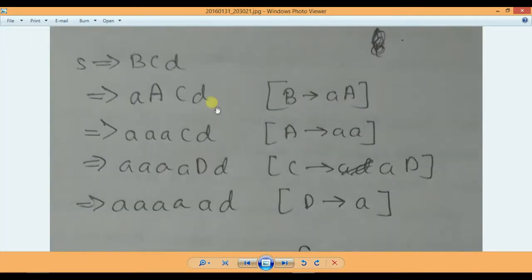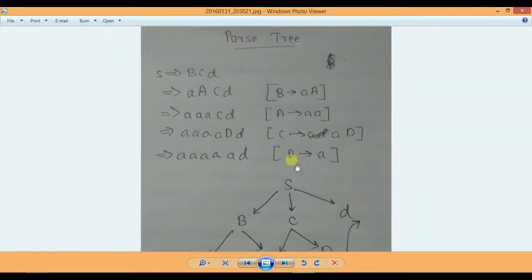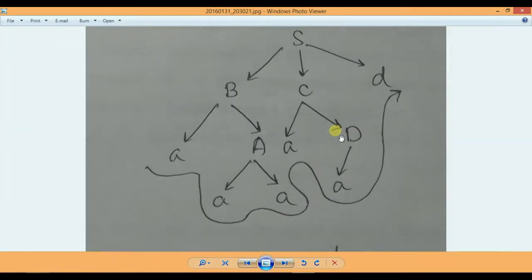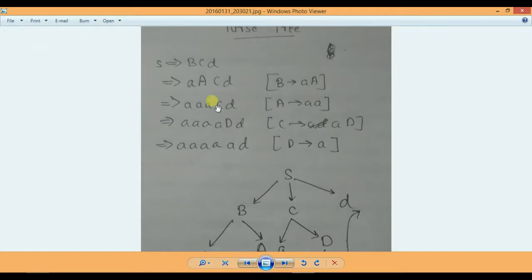This thing of reducing the variables at each step is known as derivation. We're deriving the sentence from the starting symbol. So this is a derivation, and this is the derivation tree, because in this tree we are deriving it. At each stage we are breaking the variable into its constituent variables, just like we did in the derivation here.